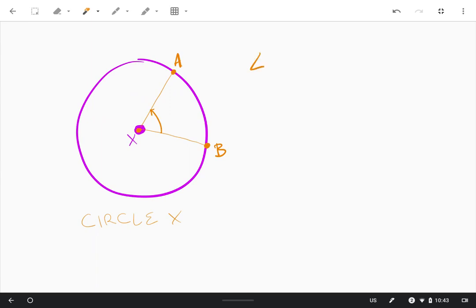So the angle AXB that we see here is a central angle. A central angle is any angle that has the center as the vertex.